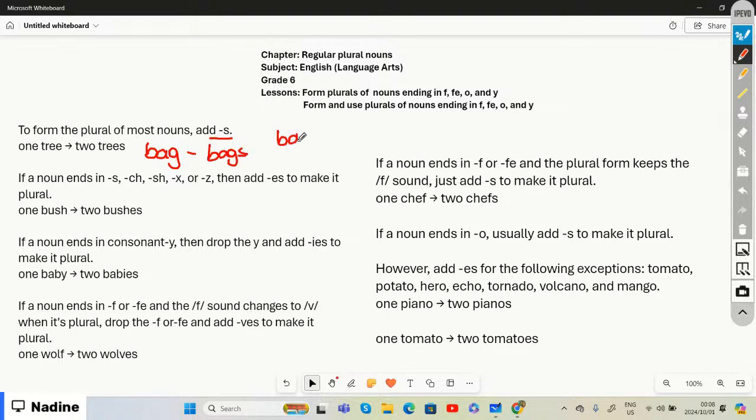We have one bowl, but anything that is more than one, we can say it's two or more bowls, for example. One tree, or we can say we have two trees. If you look at the last word, it ends in s. That is where we form the plural of most nouns, where we just add an s to show that there are two or more of that specific thing.